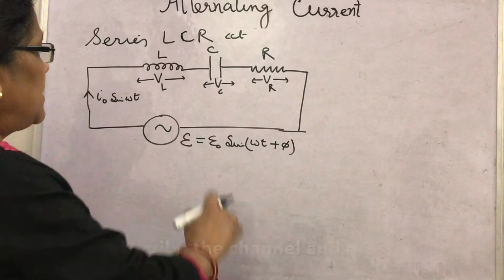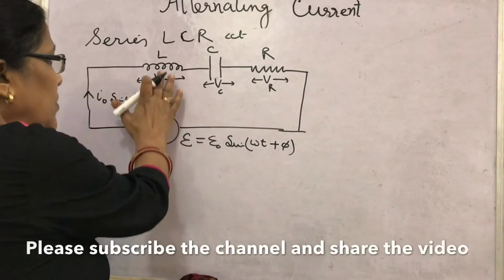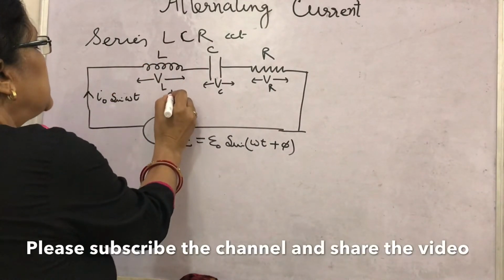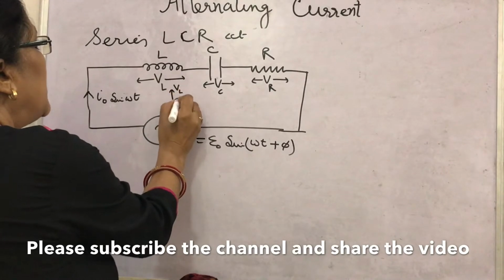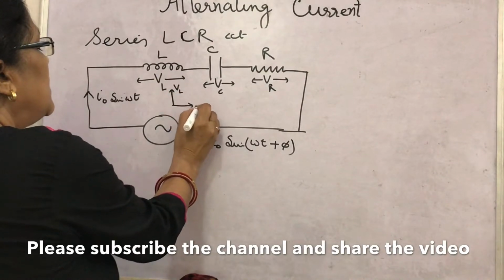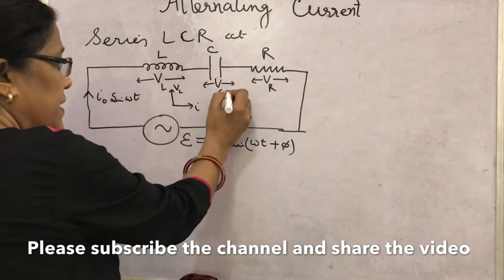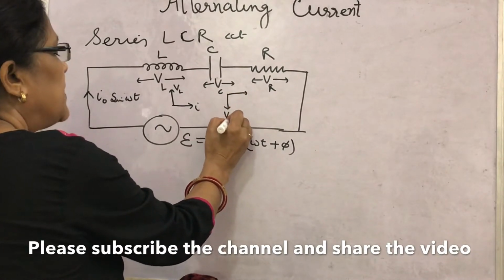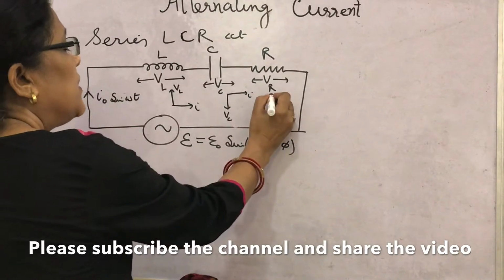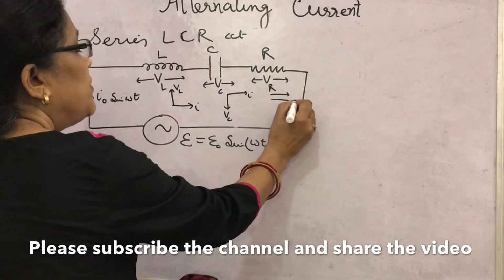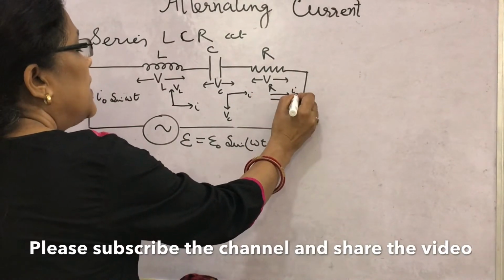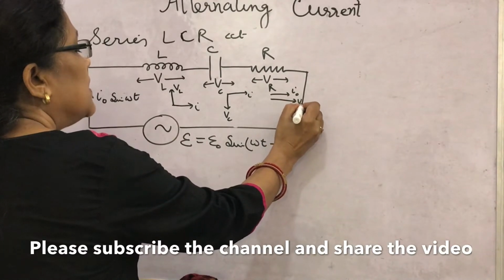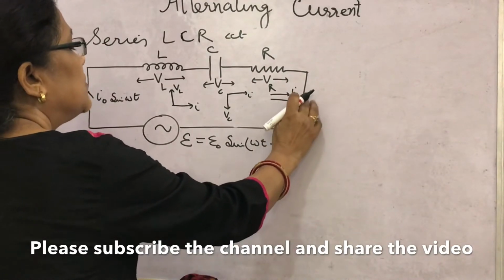We have seen that voltage in a coil leads the current by 90 degree, while in a capacitor the voltage lags behind the current by 90 degree, and in a purely resistive circuit current and voltage are in the same phase.